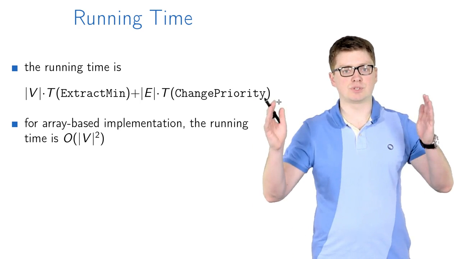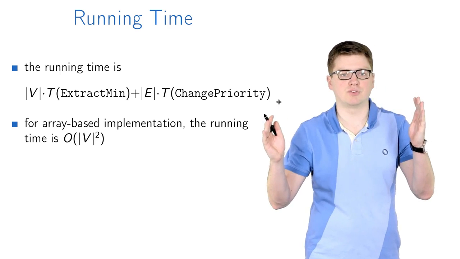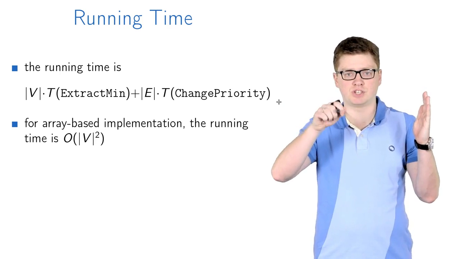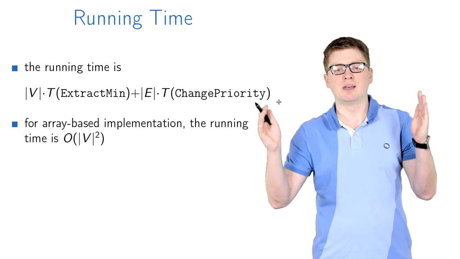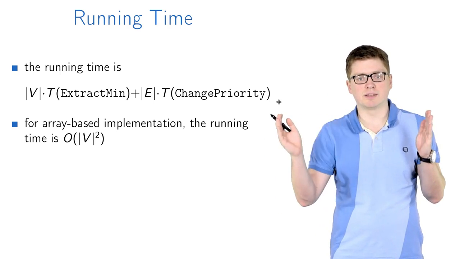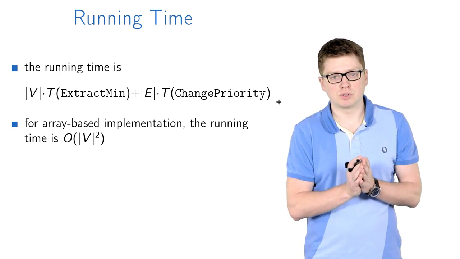If we just use an array to store all priorities, then changing a priority is very cheap because we just change the corresponding value in our array. However, for finding the minimum value, we need to scan the whole array. In this case, we get a V squared upper bound on the running time.